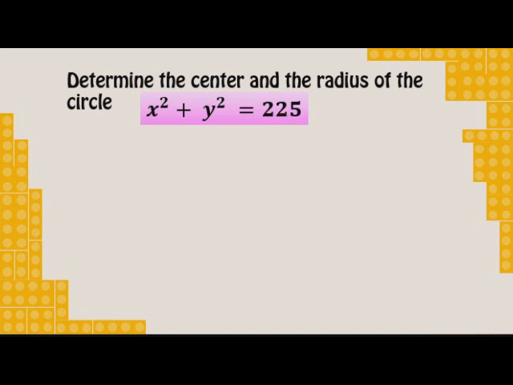What you must remember is, if the right side of the equation is equal to 0, that is general form. If it is equal to a constant number, that is standard form. So now, let's have the solution for the center and radius of this equation in standard form.